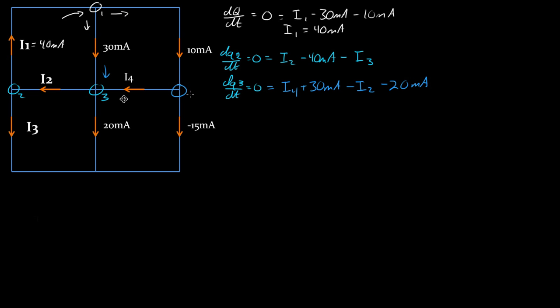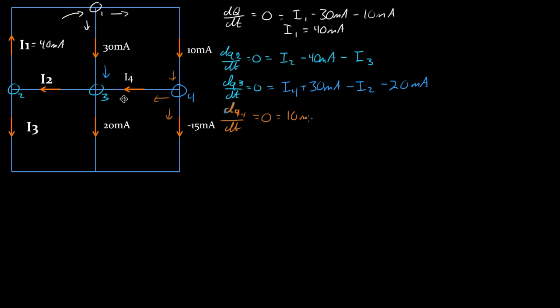So this will be node 4. The change in the charge at node 4, Q4 with respect to time, is simply equal to 0. Again, that's because of Kirchhoff's current law. We're assuming that's true. So we have 10 milliamps coming in, we have I4 leaving, and supposedly we have this one leaving.